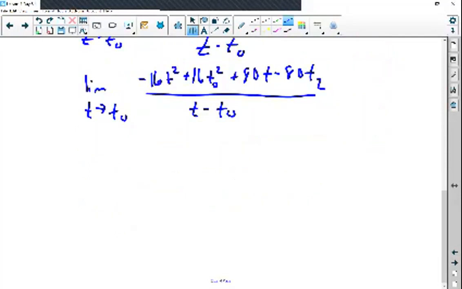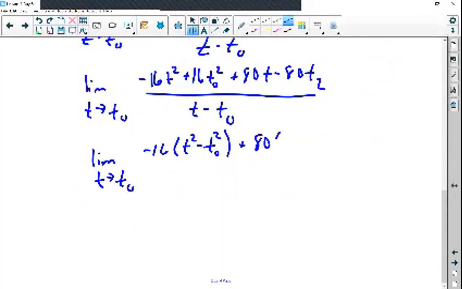Some people just read that t naught. I like saying sub 0. And what I'm going to do is that first quantity, I'm going to factor out a negative 16. So I have negative 16, and that would make it t squared minus t sub 0 squared. And the second quantity has a factor of 80.